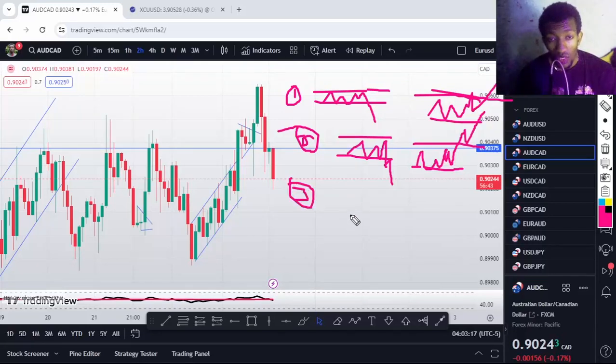The third model is just a one-way fake out, like you have seen right here. What it does is, if we are bullish, it will break to the downside and rally up to where the intended direction is.